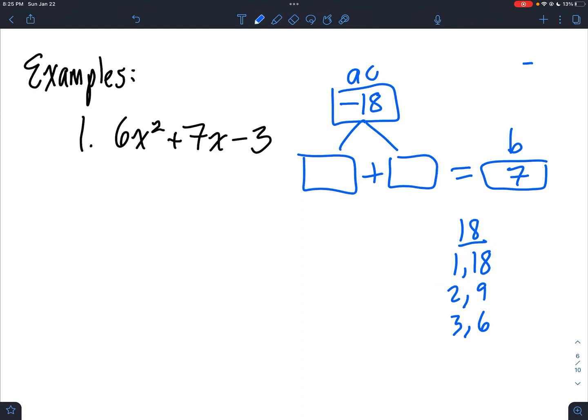However, we have negative 18. And if I'm looking at 2 things that multiply to get negative 18, yeah, it's going to be like 2 and 9 or 3 and 6, but the sign, is it plus plus? No, because we know to get a negative number, one of your numbers has to be negative and one of them has to be positive, right?